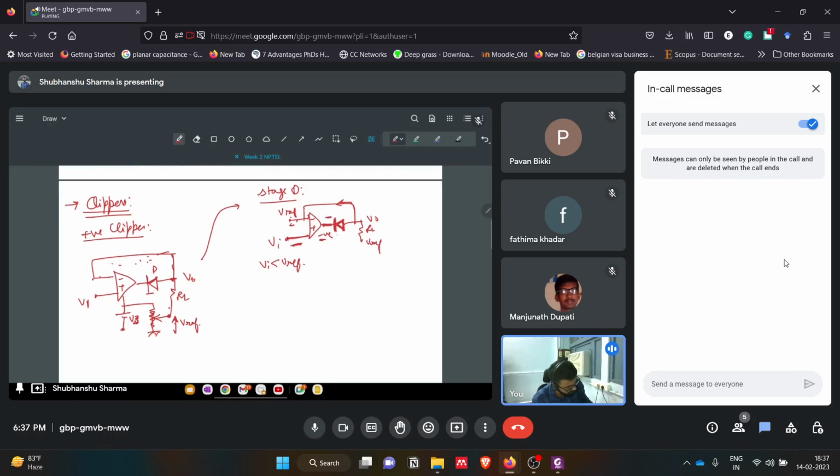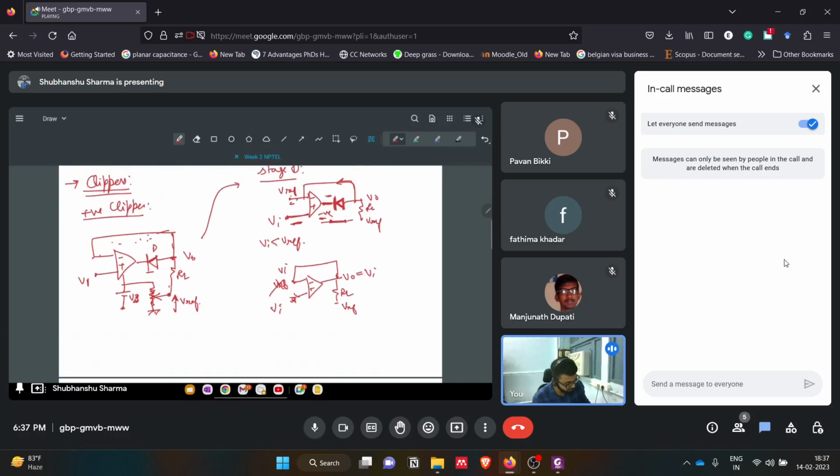Then this will get shorted and the op amp will start behaving as a voltage follower. Earlier it was Vref here, but now it will not be, because the op amp started working in its voltage follower condition. Now this virtual short will happen and this will become Vi. So we had V reference here, V naught here, and this was RL. This V naught will become Vi now.